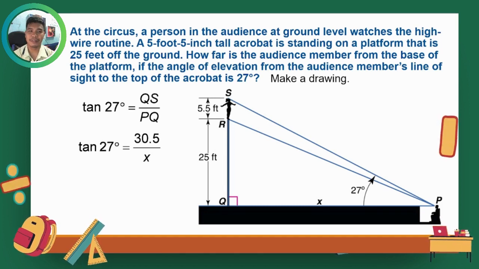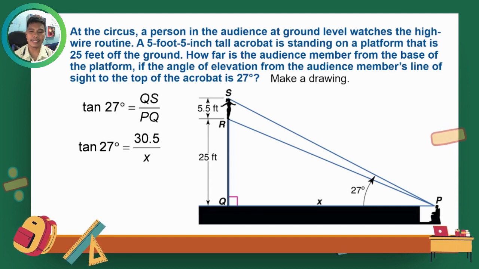So we will use 30.5 as the sum of the height of the platform and the 5 foot 5 inch tall acrobat. And that is our opposite side of the reference angle of 27 degrees over X, which is the side PQ, or the base of the platform.